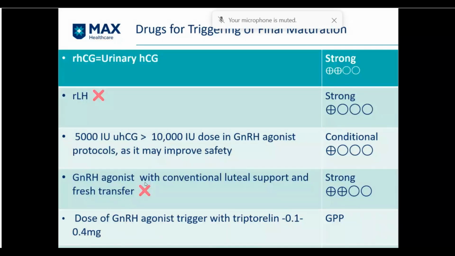GnRH agonist with conventional luteal support and fresh transfer is not to be given. So whenever we are planning a fresh transfer, we prefer giving the HCG trigger rather than the GnRH agonist, like either the Lupride or the triptorelin protocol. Again, it is highlighted that there is very strong evidence that in fresh transfer, the GnRH agonist protocol with the conventional luteal support, where by conventional luteal support I mean the progesterone, is not to be given.